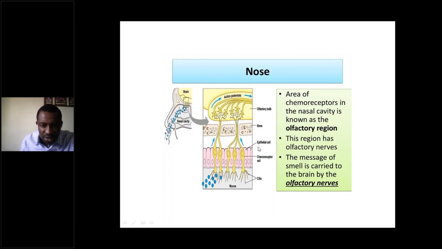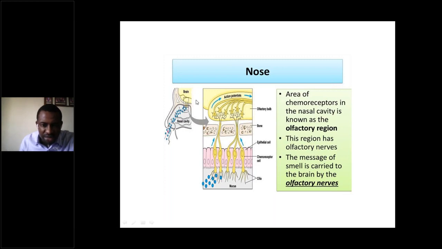Now the chemoreceptors have epithelial cells. Then there is the bone. Then there is the olfactory bulb. So the smell that is coming is transmitted as signals. An action potential is generated in the nasal cavity, then it goes to the brain.